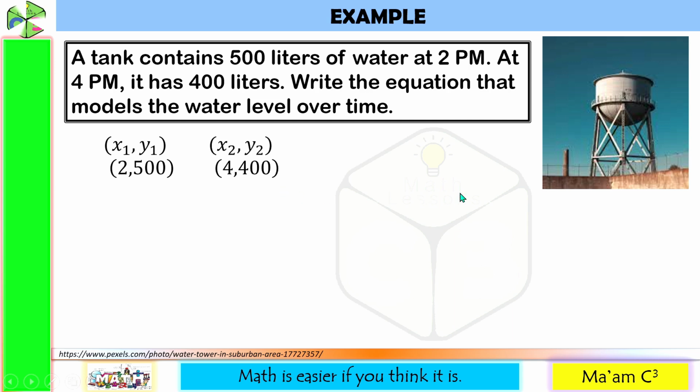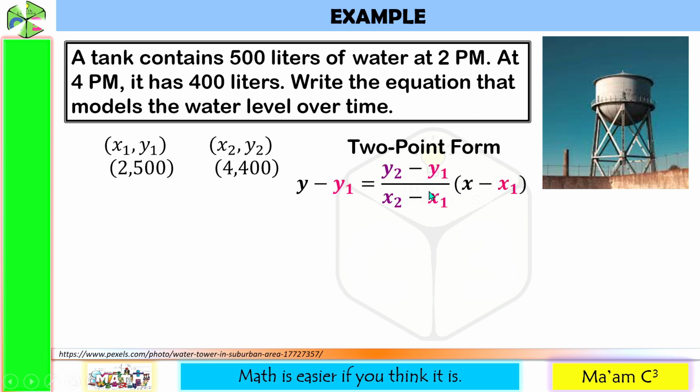Let us recall the formula of two-point form. That would be y minus y sub 1 equals y sub 2 minus y sub 1 all over x sub 2 minus x sub 1 times the quantity x minus x sub 1. Let us substitute our given here.